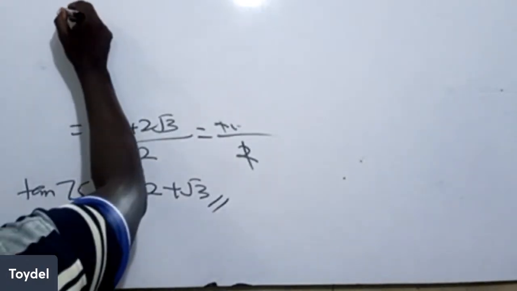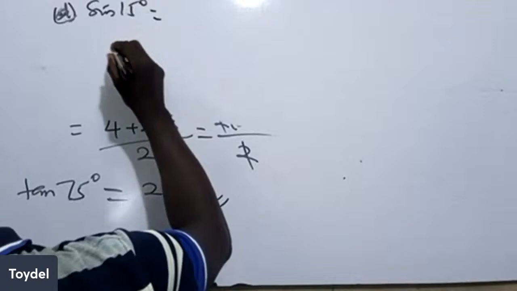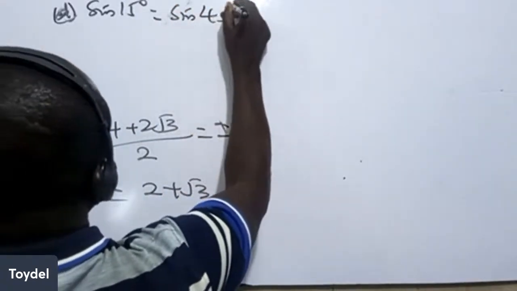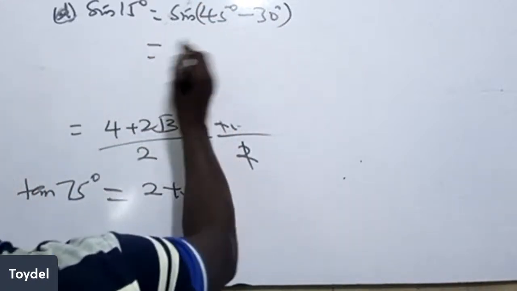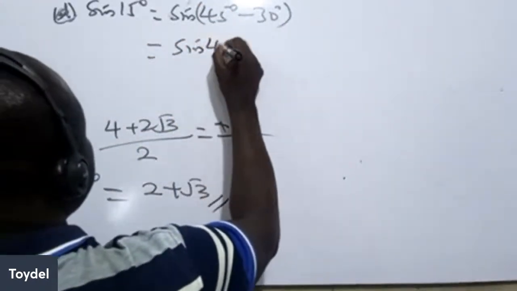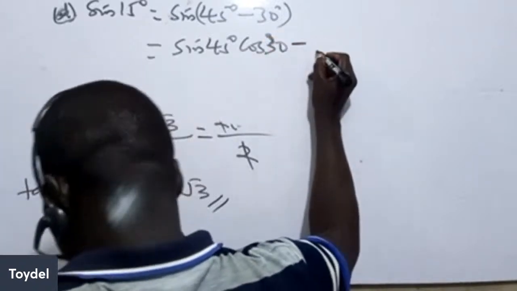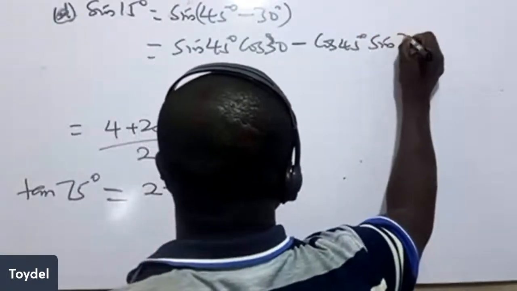So we go to the fourth question. The fourth question, D, is when we have sine 15 degrees. Sine 15 degrees will be what? Sine of 45 degrees minus 30 degrees. So this will be sine 45 degrees cos 30 minus cos 45 degrees sine 30.